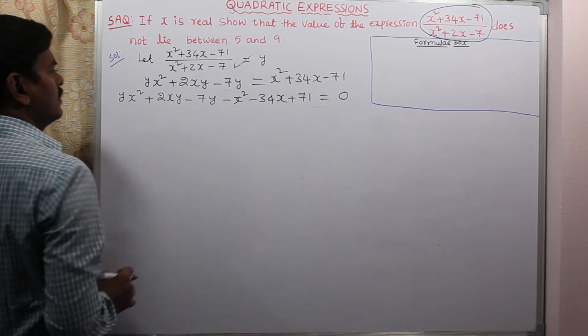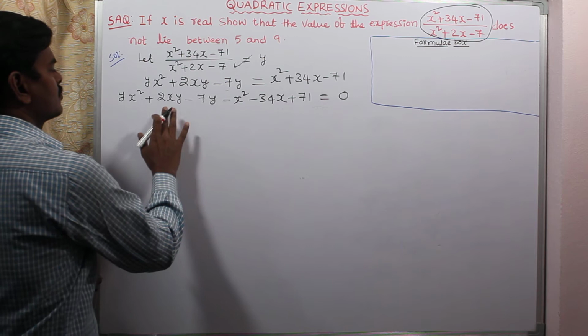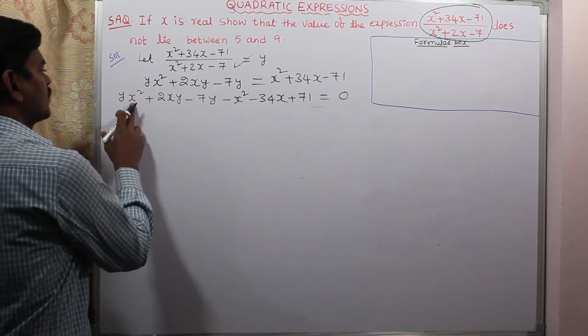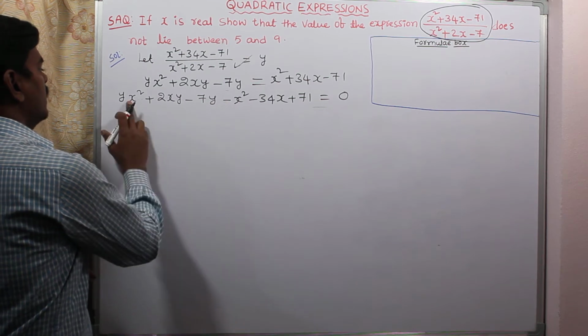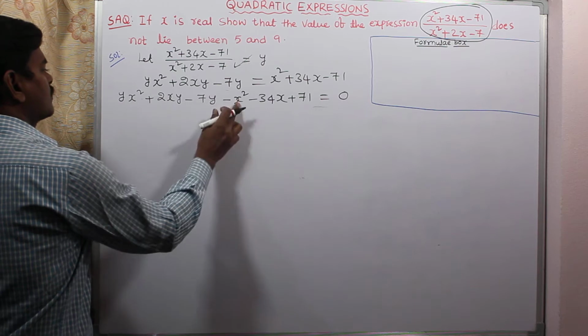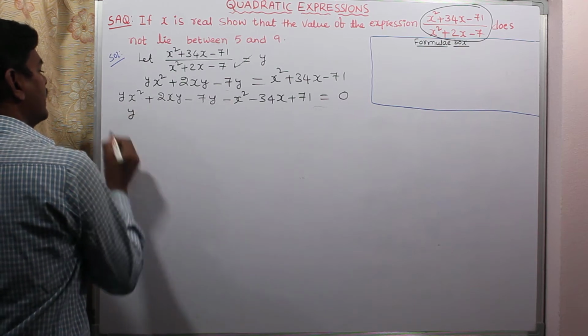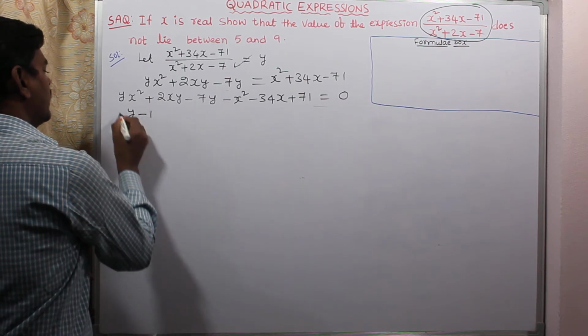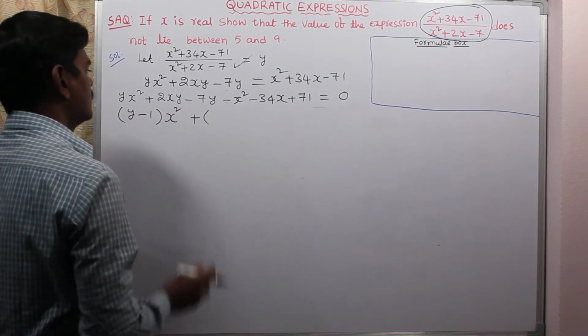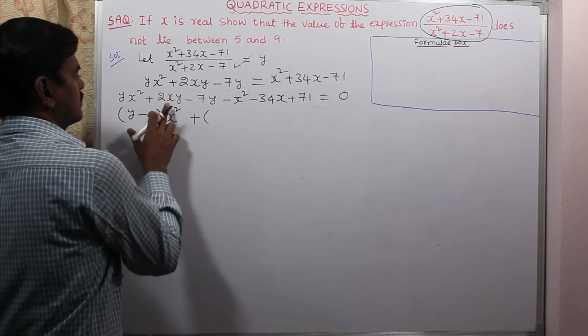Now try to convert this into the standard quadratic form. What is the standard quadratic equation? ax square plus bx plus c equals 0. In the x square terms, we have two x square terms. After taking x square common we are left with y minus 1, so (y minus 1) into x square, plus the x terms.